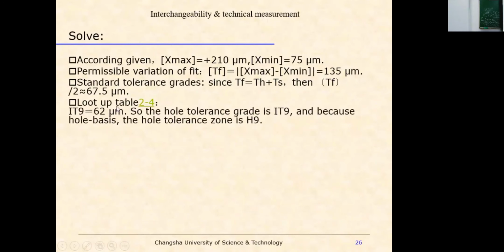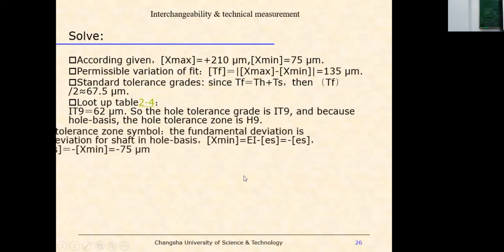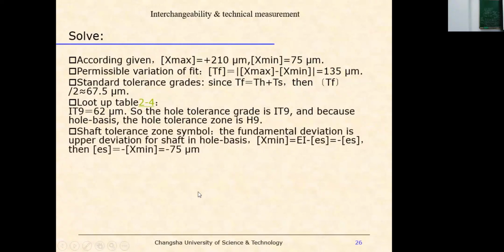Look up the table and find IT line equals 62. The hole tolerance grade is IT line, and because the whole basis means the H line, the fundamental deviation is the upper deviation for the shaft. So the minimum of the clearance is minus ES, right?